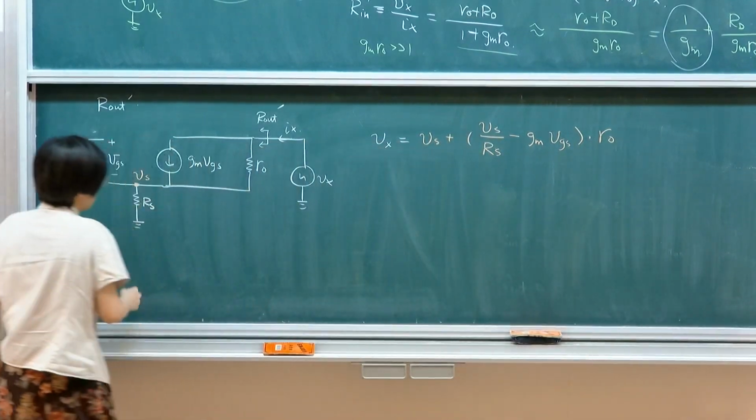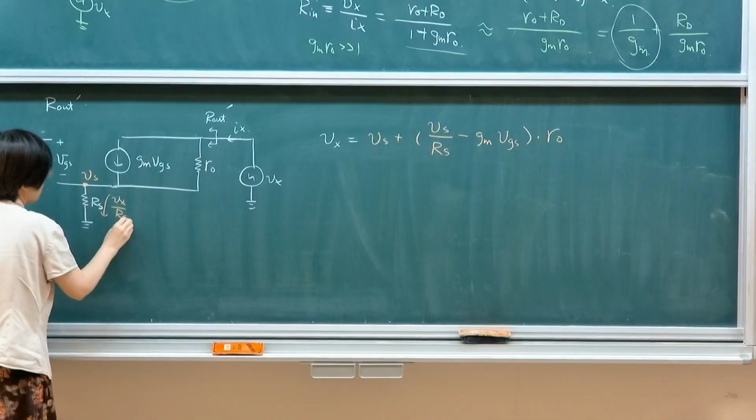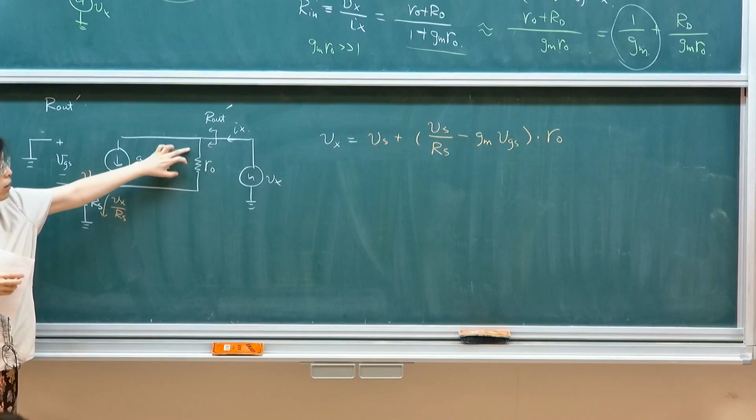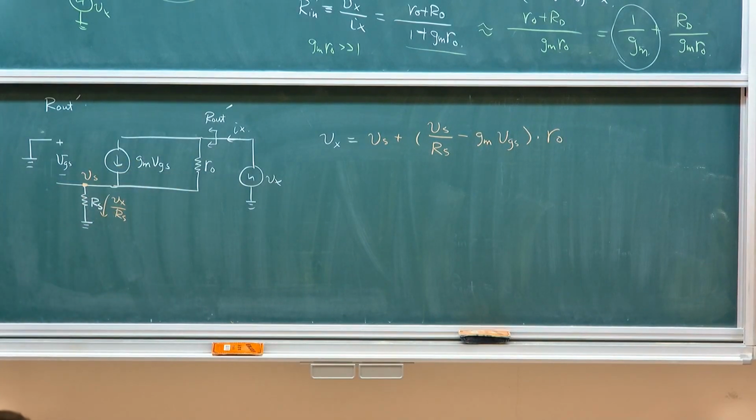The current going down is Vx over Rx, and then minus this part will be the voltage across the output resistance. That would allow us to define our output voltage Vx.